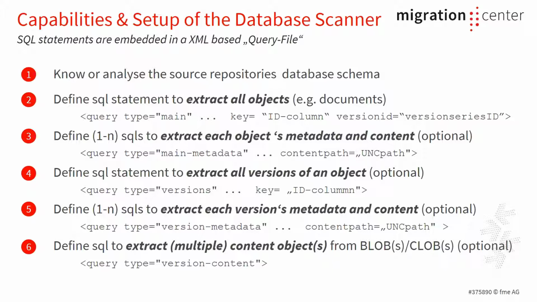Then you want to extract the metadata for the objects. The steps number 3 to 6 on this slide are optional. When you have the objects, typically you extract the metadata for the object, but in many cases you will have multiple versions for an object.